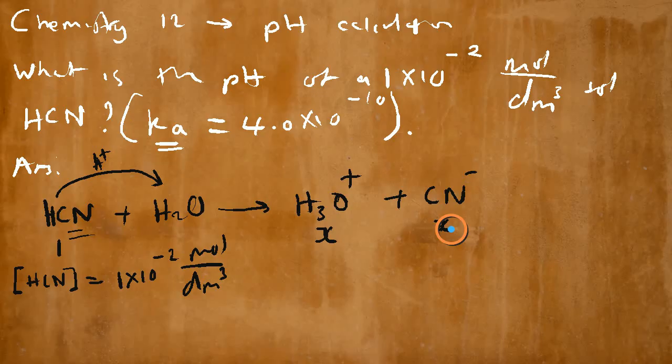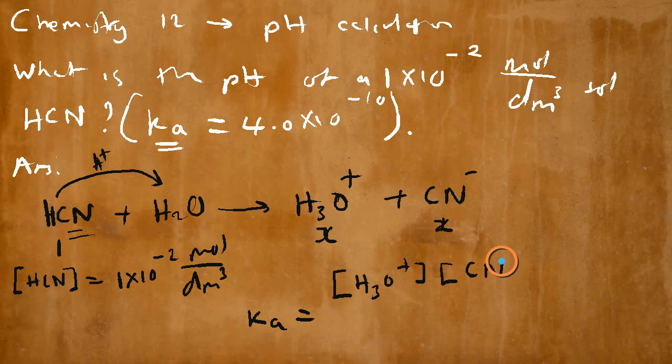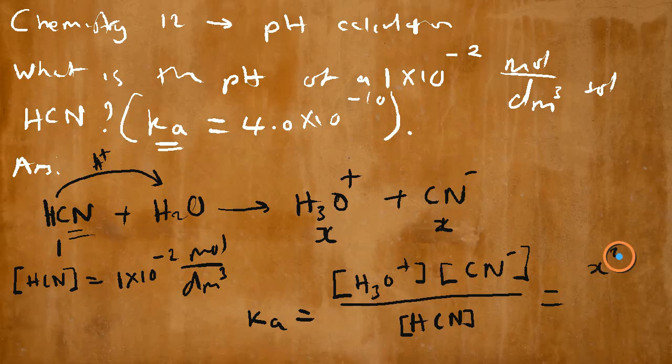And because of this, from the Ka value that we have, we can say that Ka is equal to the concentration of the H3O plus and the concentration of the CN minus, all that divided by what we had at the beginning, and at the beginning we had HCN. This is the same as just having x squared divided by 1 times 10 to the negative 2 mole per cubic decimeter.